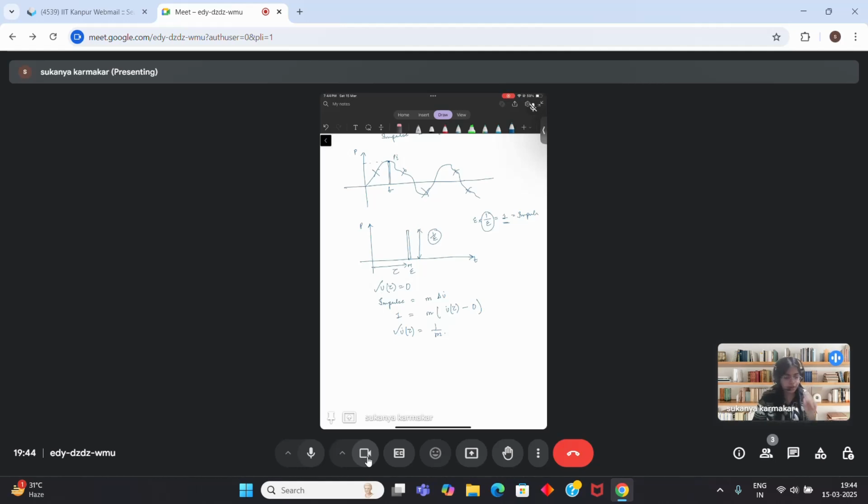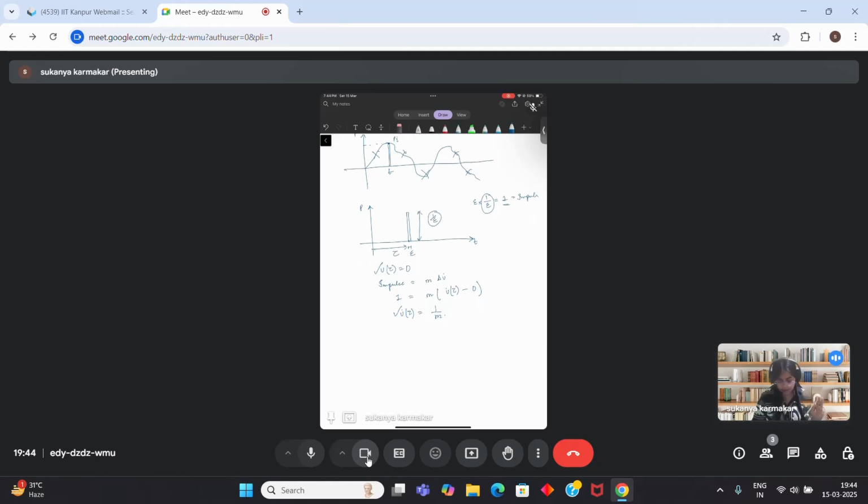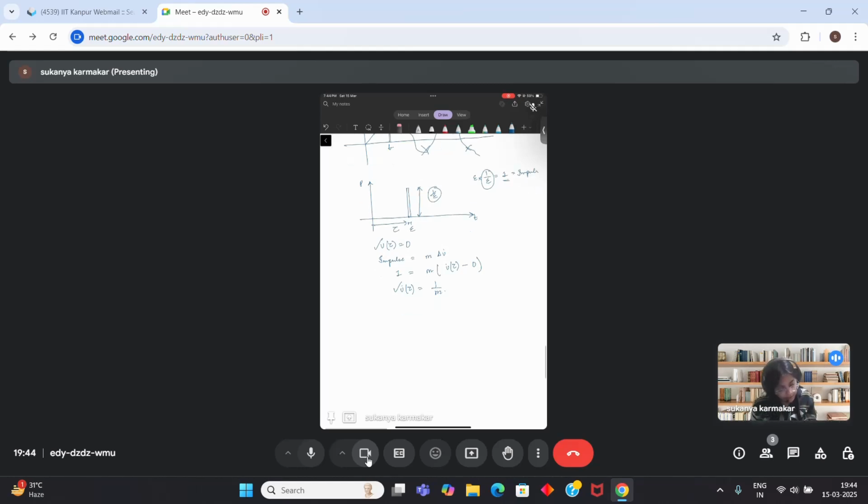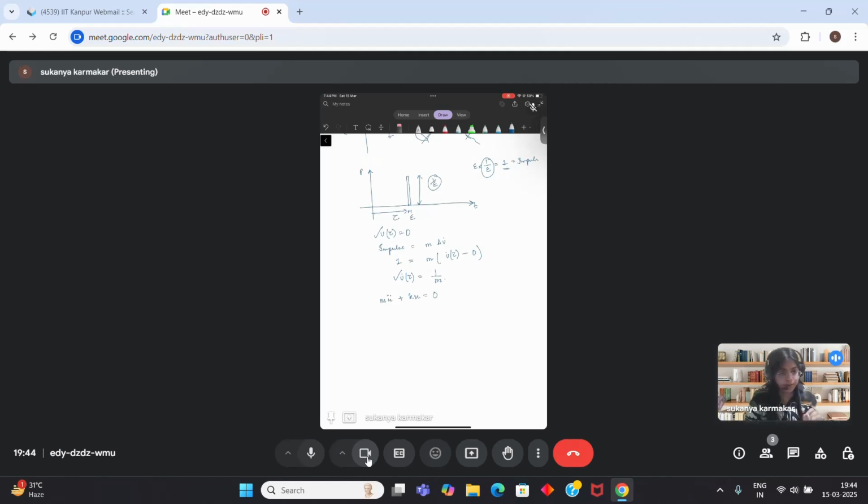Now suppose you have a single degree of freedom system and this impulse is active. First I want you to recollect this, and suppose there is no damping. So m u double dot plus k u is equal to 0. What would be the solution of this equation? Does anyone remember the solution?